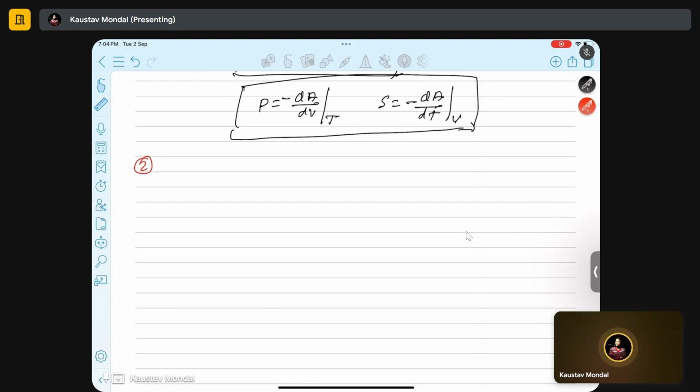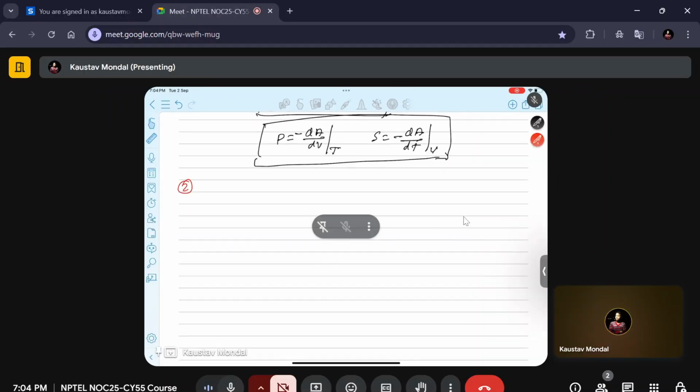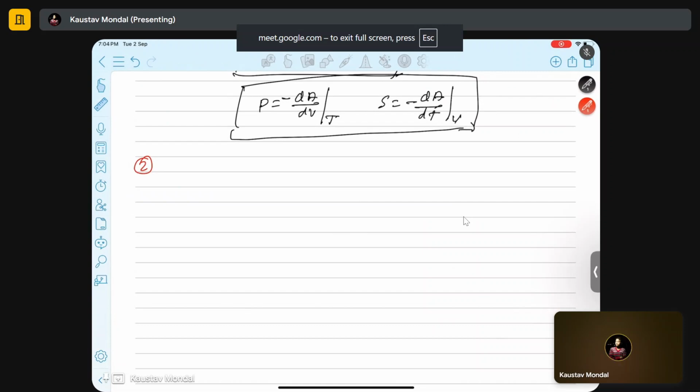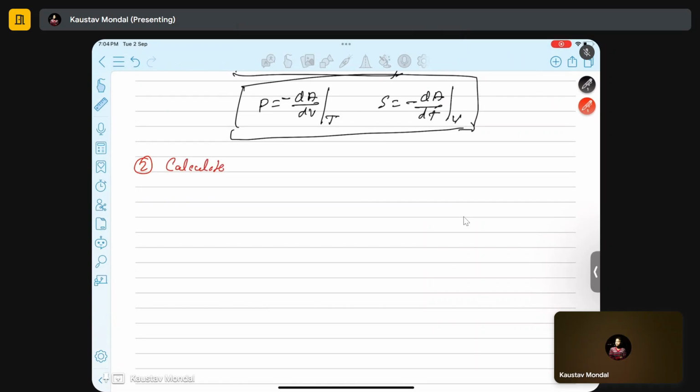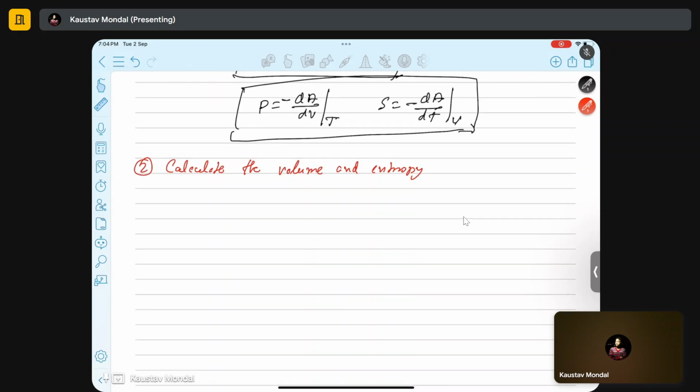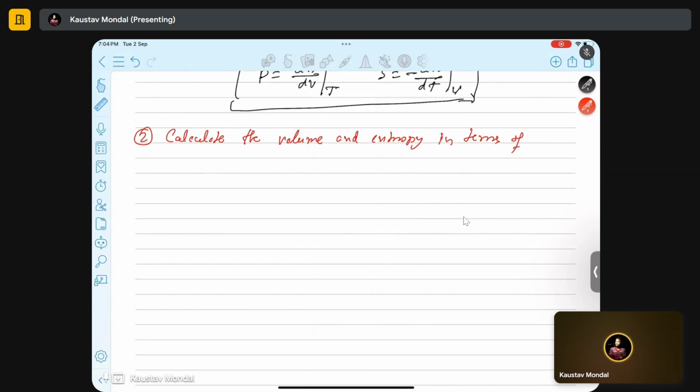Calculate the volume and entropy in terms of Gibbs free energy.